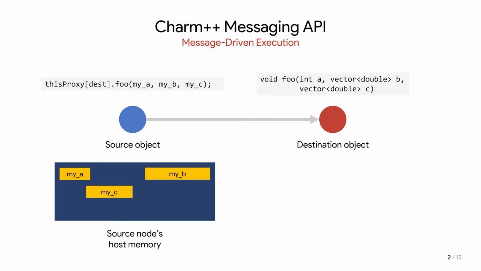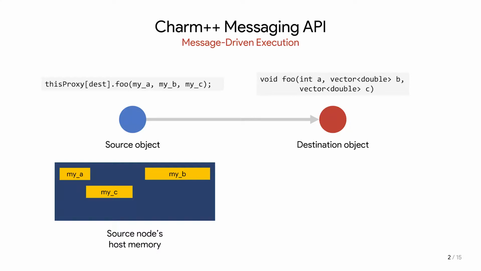So just to start off with a brief overview of how the messaging API works in Charm++. It's essentially a message-driven execution where objects that are potentially on different processors exchange data via messages. And when a message arrives on the receiver object, it will invoke a method that will use the received data and perform some computation.